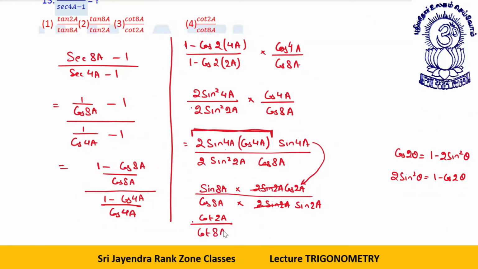All the answer is in the form of cot. Clear, dear students? So it is cot 2a divided by cot 8a. Getting this to come beneath this, your answer is option number 4. Clear to all of you, my dear students?